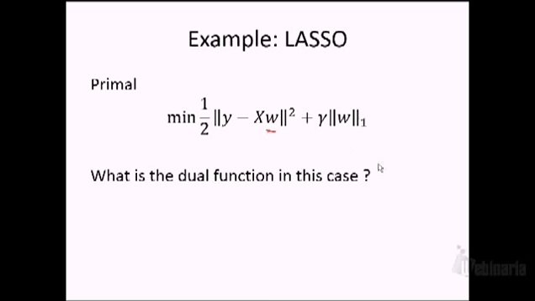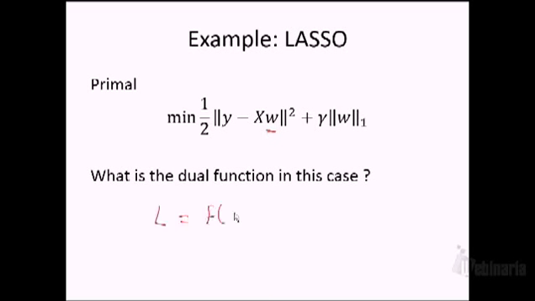What's the dual function in this case? Well, the dual function is a function of the Lagrange multipliers. But here we don't have constraints, and hence we don't have Lagrange multipliers. And so the dual function is actually a constant that tightly lower bounds the primal.